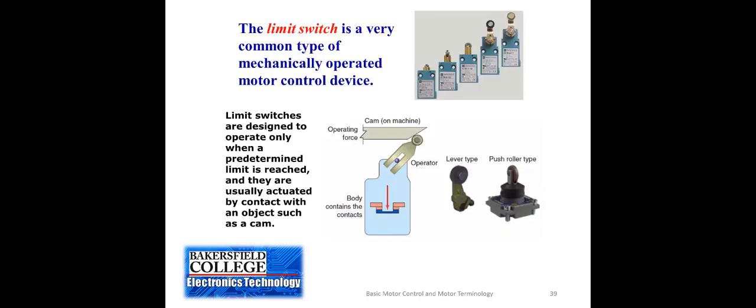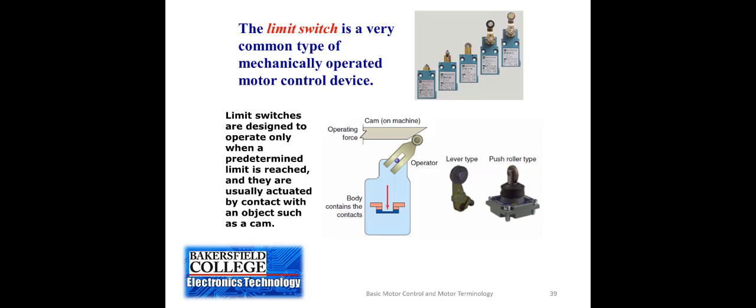So essentially, a limit switch is a body that's usually made out of steel or aluminum, and that makes it strong and sturdy. Within it, it has contacts. Sometimes it has both normally open and normally closed contacts, so you can select which one applies to the circuit.